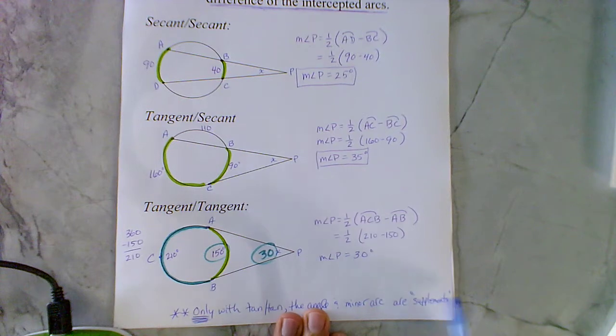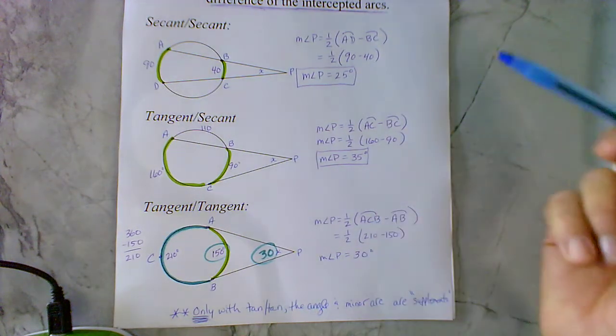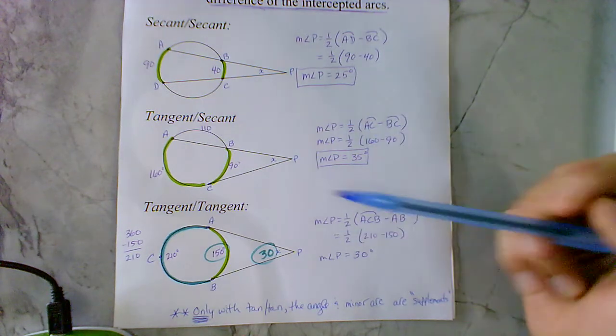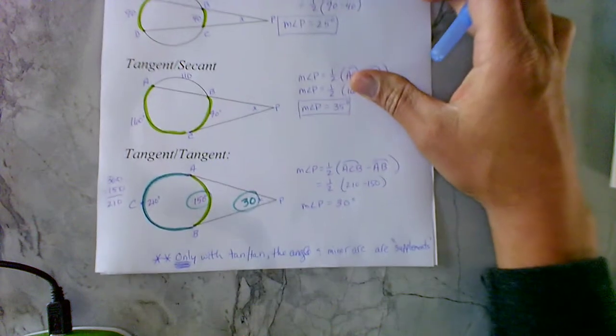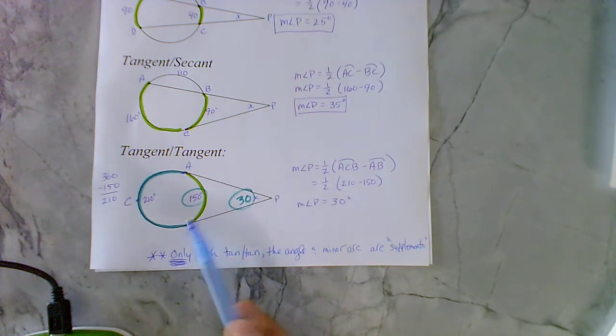Only with tangent, tangent. So that's a helpful thing to breeze through the tangent, tangent problems. Only with tangent, tangent, minor arc and angle add up to 180.